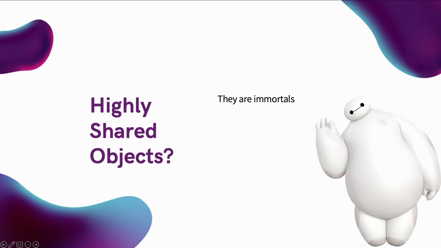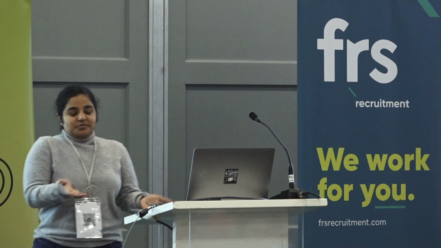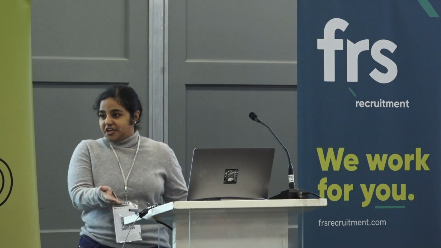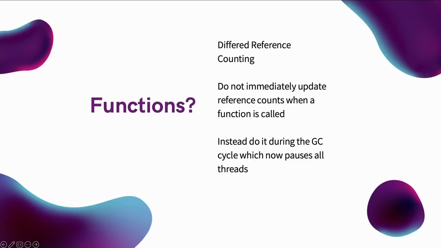Now, we have other highly used objects, such as functions, and you can't not increment or decrement reference counts for functions because you need to destroy these functions at some point. So what do you do with functions? The solution was deferred reference counting.